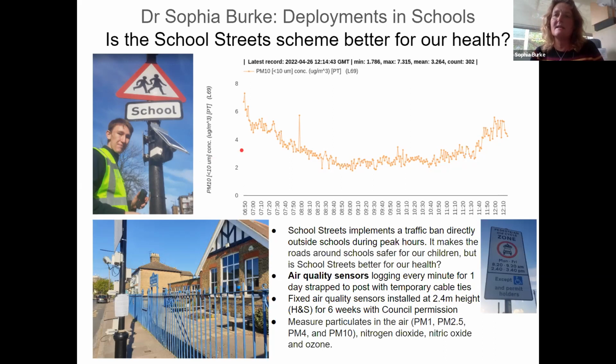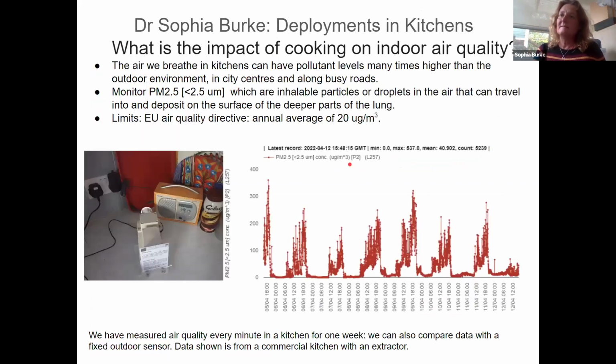And these sensors measured particulates in the air and gases too: nitrogen dioxide, nitric oxide, and ozone. And as you can see in some of the results there, you can see a very clear decline in particulate matter throughout the morning, and you can see the effect of school street zones. So it has some very interesting results. Okay, thanks. Next slide, please.